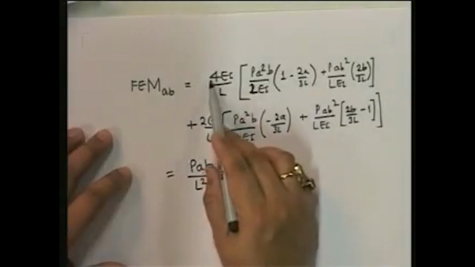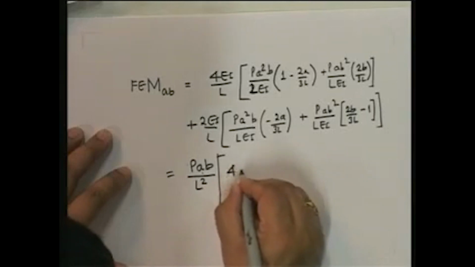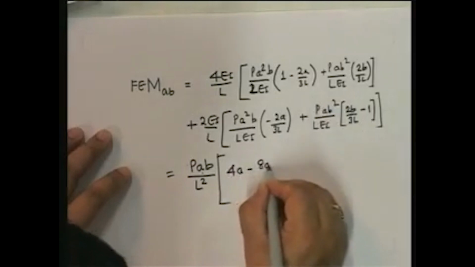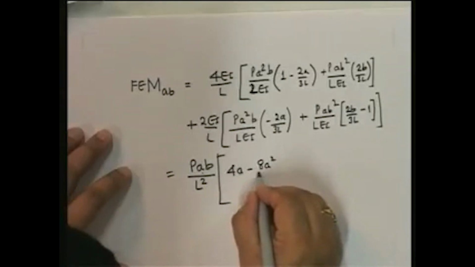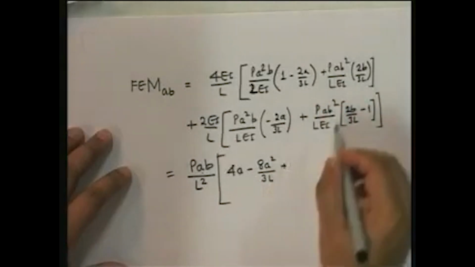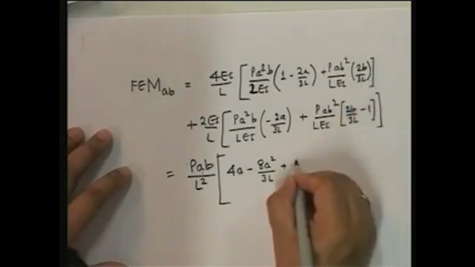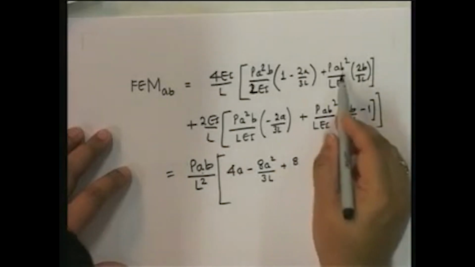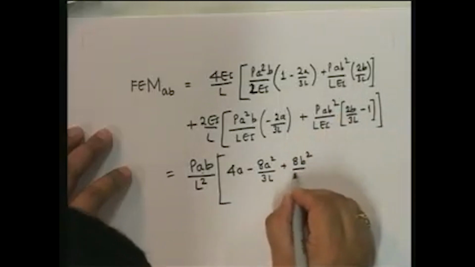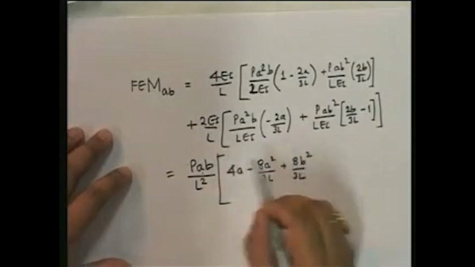So I get just 4 into A, so I get 4A, and then minus 8A squared upon 3L, then plus, here I get 4 into 2B, so it's going to be plus 8, and then B comes out, so it's going to be 8B squared upon 3L. That I get from these two terms.